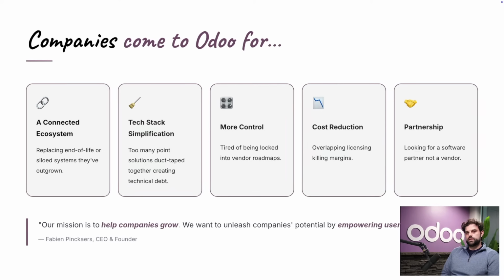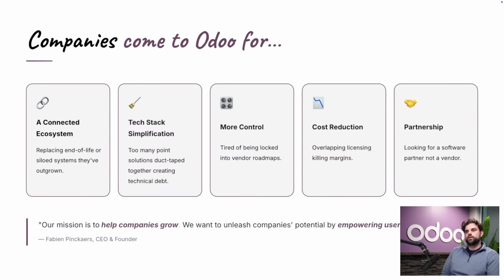We try to simplify your tech stack. That often looks like many solutions duct taped together through API integrations and custom code, which then therefore increases the technical debt and complexity of your software stack and leads to unpredictability from both a cost and a functionality standpoint long term.